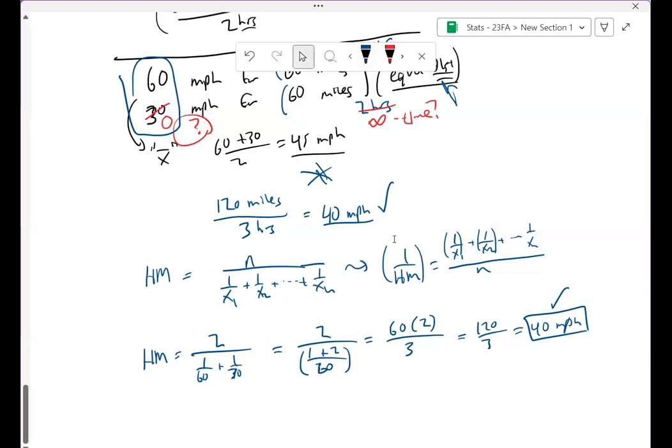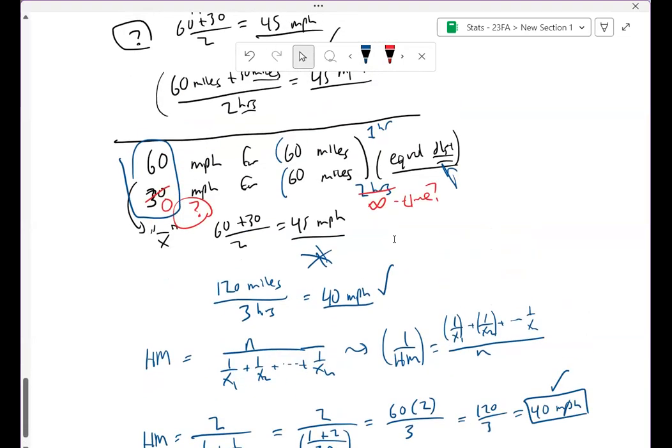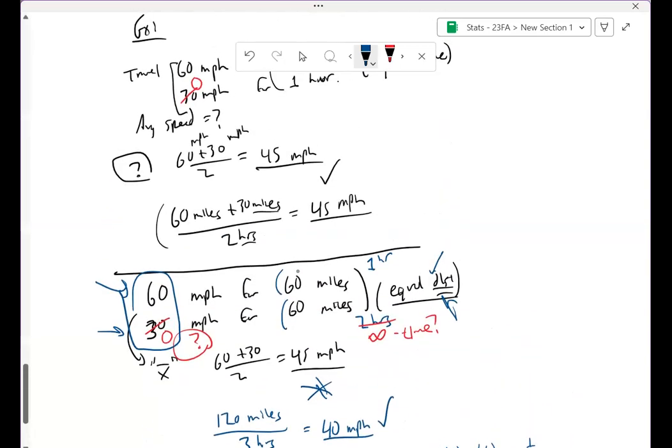So that's the idea of the harmonic mean. When my data points are represented in such a way that, say, for speeds, they're representing equal distances traveled, I want to use the harmonic mean as a measure of center, because if I use the arithmetic mean, I still can compute it. I can add 60 plus 30 over 2, nothing blows up.